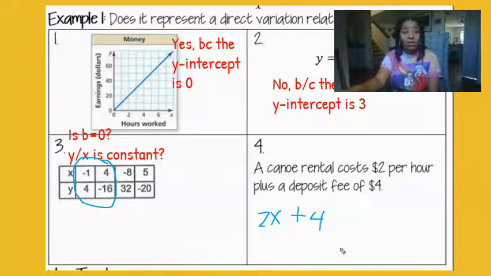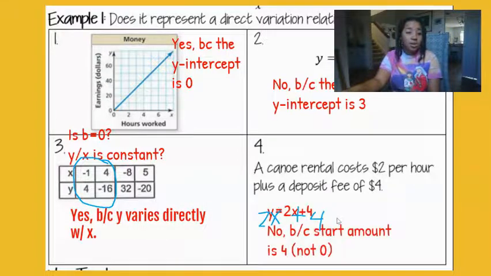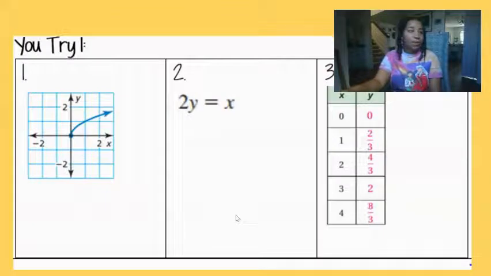Because of the way I'm writing this equation, this is also going to be non-proportional because you have 4 as a y-intercept. Okay. Oh, and 3. Yes, because y varies directly with x. That's another explanation.